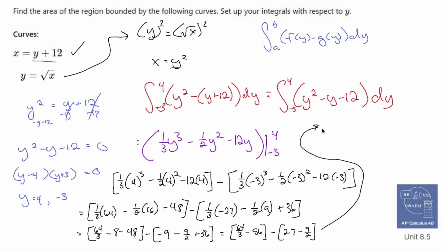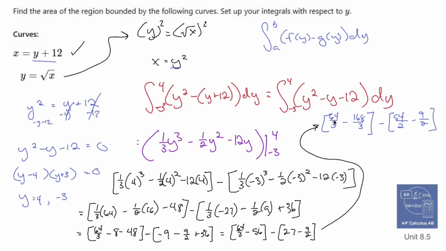This becomes 64 thirds minus 168 thirds minus 42 halves minus 9 halves.